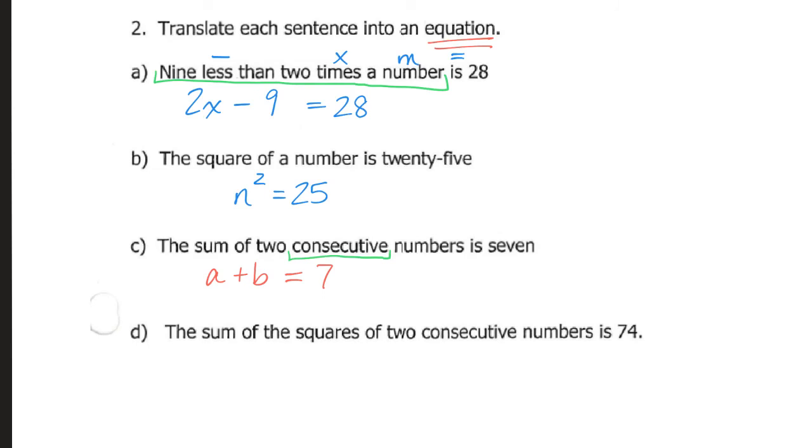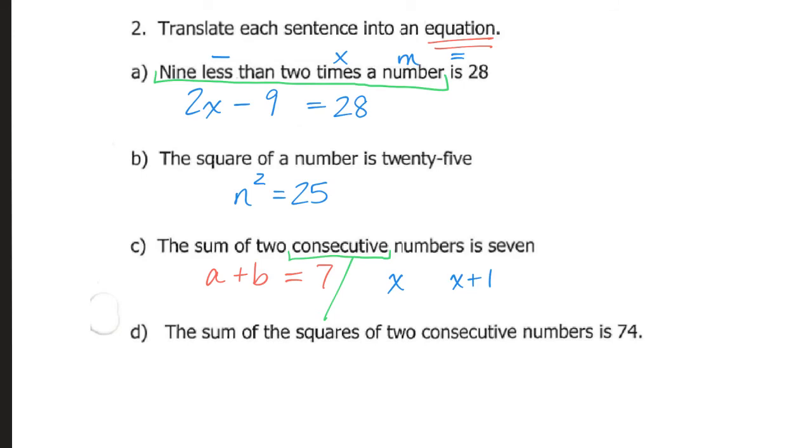So I want you to imagine then that I said that x was one of the numbers. Like specifically, x was the smaller number. Well, if x is the smaller number that's missing, we should be good that the consecutive number to x would have to be 1 bigger. And therefore, my other number would be x plus 1.